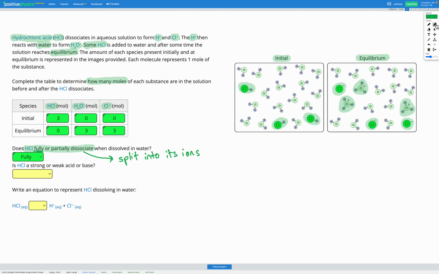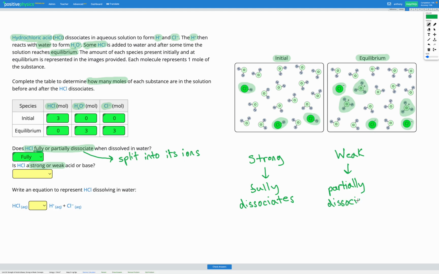We're next asked, is HCl a strong or weak acid or base? So strong means the acid or base fully dissociates. Weak means the acid or base only partially dissociates.